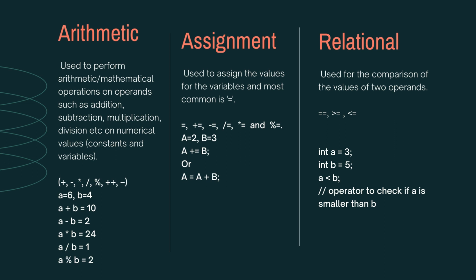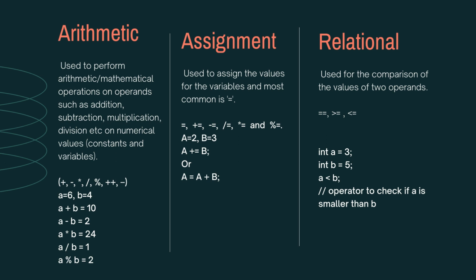If A is equal to 6 and B is equal to 10, and we apply the plus or addition operator to get the sum of the variables a and b by writing a plus b, the final value will be 16. This means plus is operating on operands a and b to get their sum.